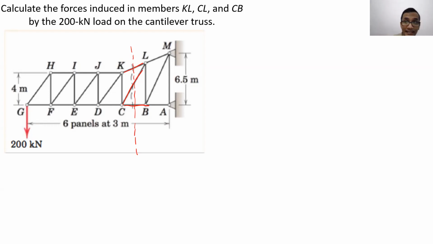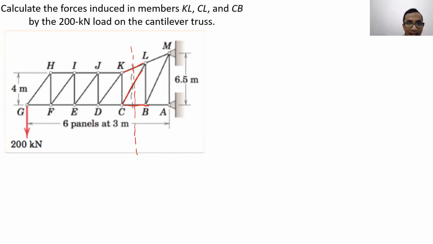And after we cut, for sure, we will have a certain part of the structure which we did not cut, which will stay rigid. Take a look at this.